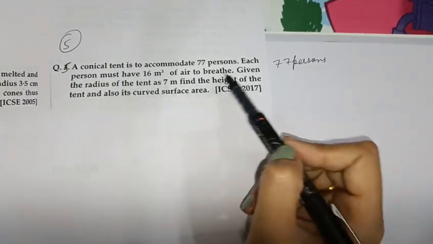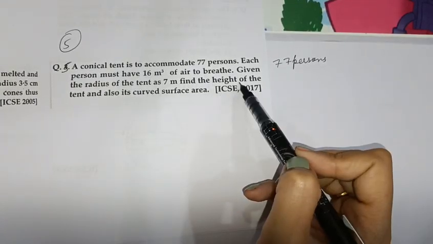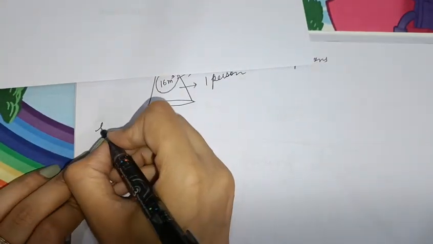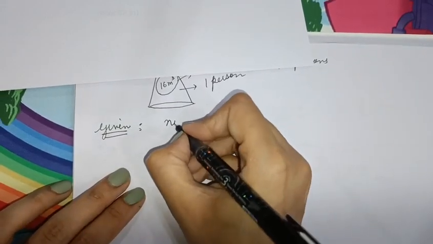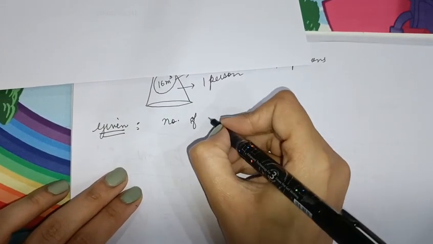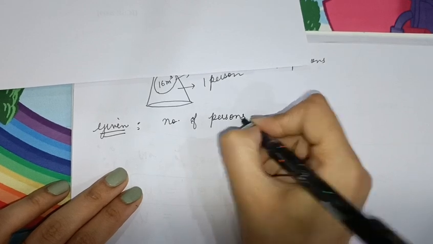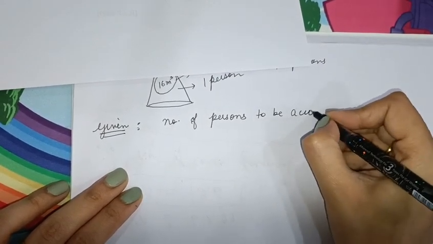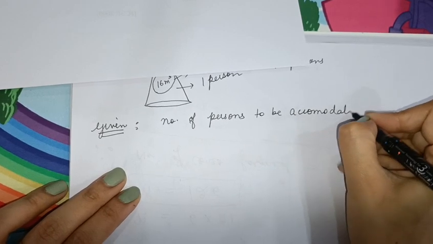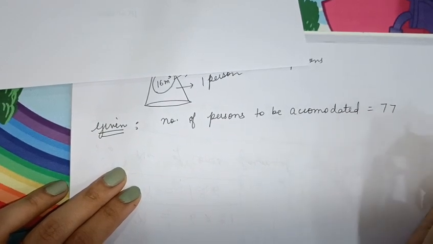So then what we have to find? Radius is given to us, height we have to find, and its curved surface area we have to find. So given things I'll write. First of all, number of persons to be accommodated is given to us. Number of persons to be accommodated, it is equals to 77.